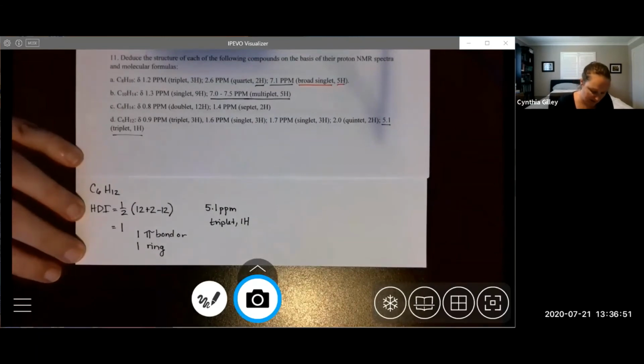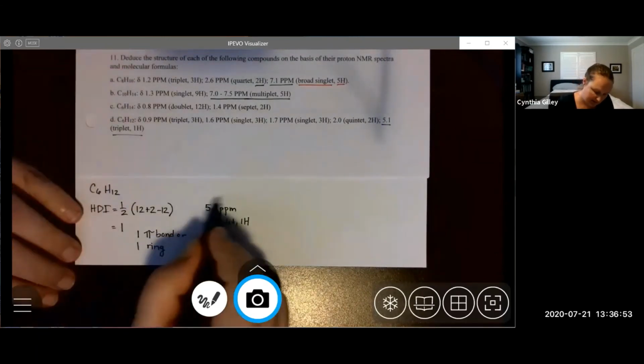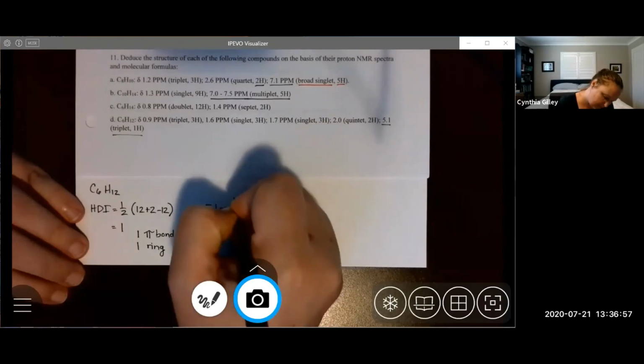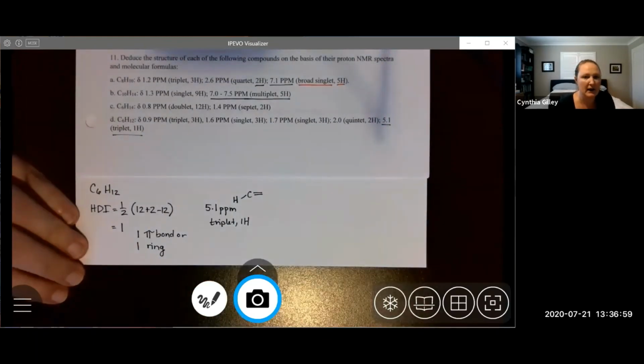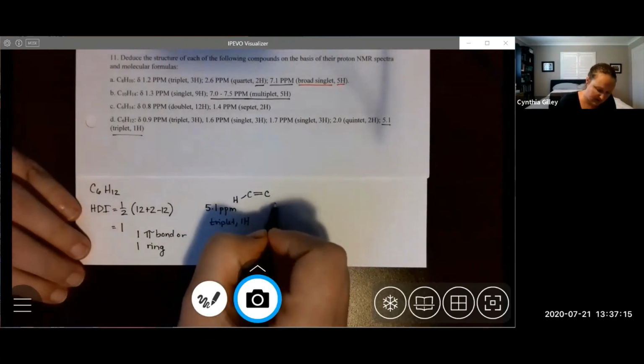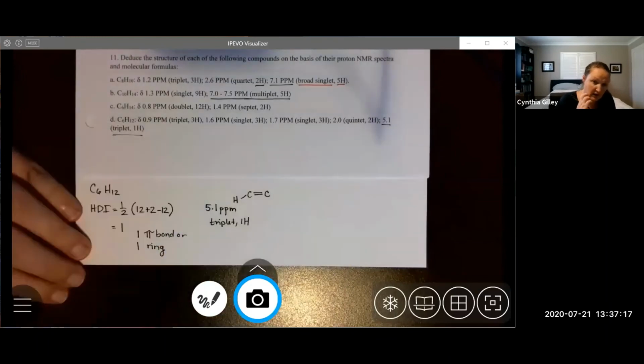So that 1 hydrogen, again, because of the shift, I'm really thinking that it's attached to a pi bond, a carbon that is making a carbon-carbon double bond. And let's see, if it's a triplet, right, then how many neighbors does it have? It has 2 neighbors.